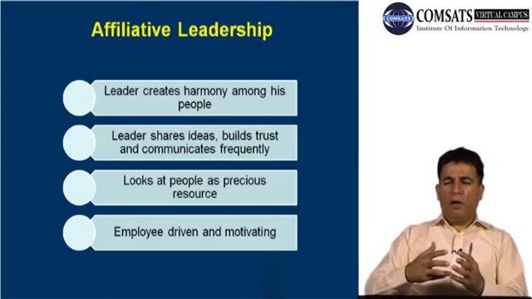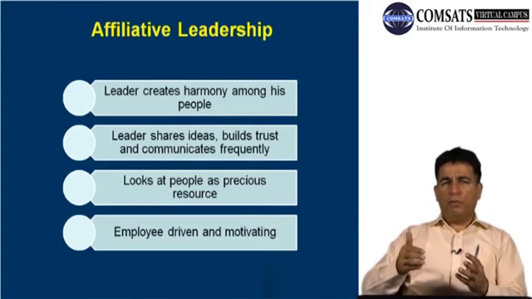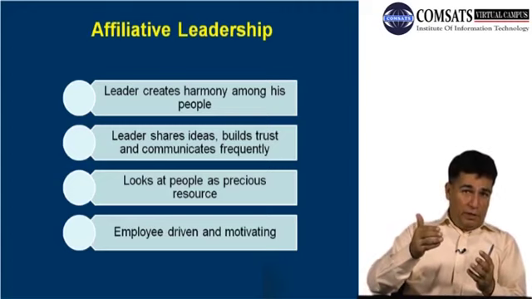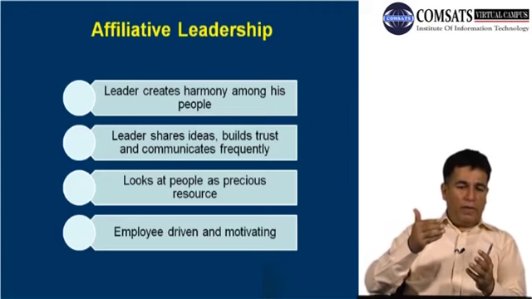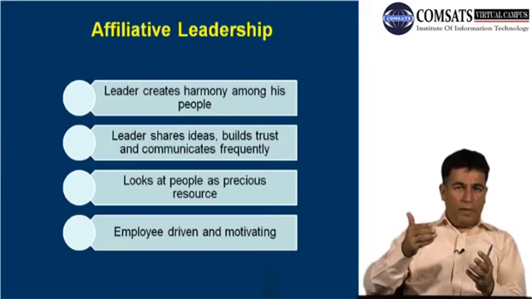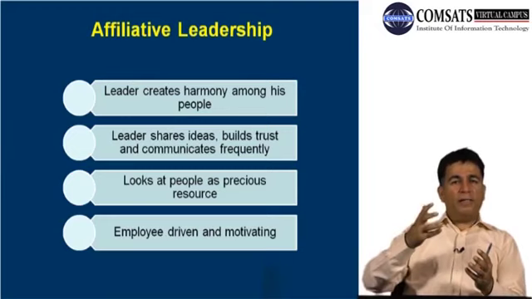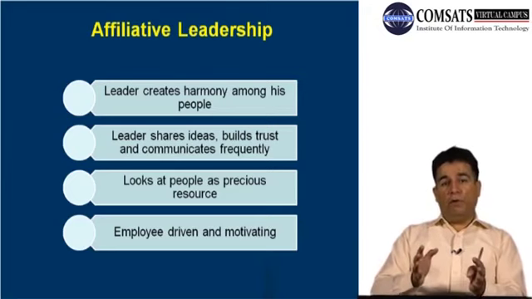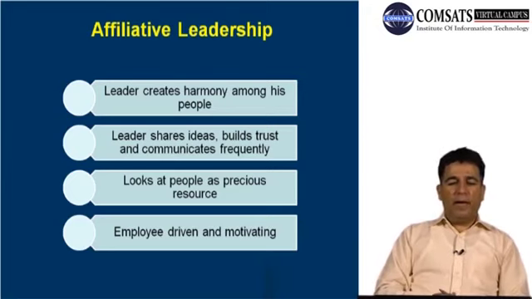We have talked about how human resource is the most important asset of any organization. And here in this affiliative leadership style, the leader looks at the people who are working in that organization as the most important resource. And this is really wonderful. And then employee driven and motivating.